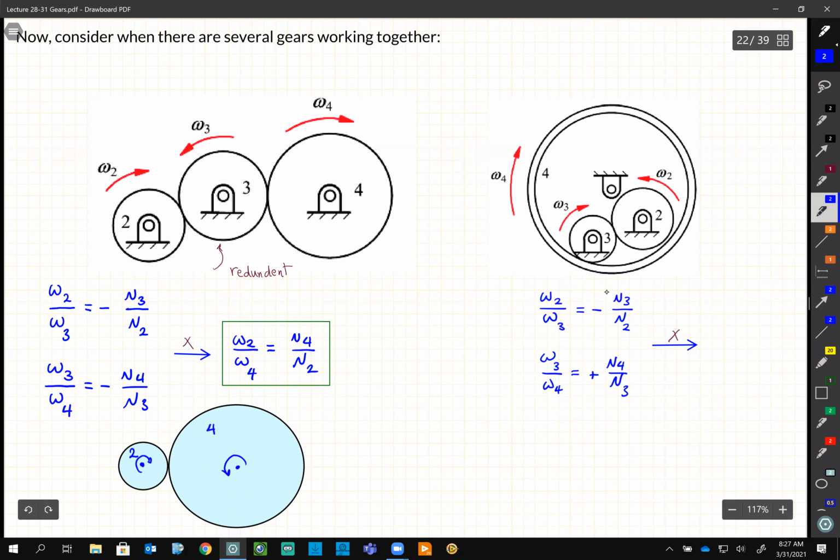If you multiply them, what would you get? Omega 2 over omega 4 equals minus N4 over N2. Yeah. So we'll see this one again. The direction will be changed at the end, but the ratio depends only on N4 and N2. All right, very simple.